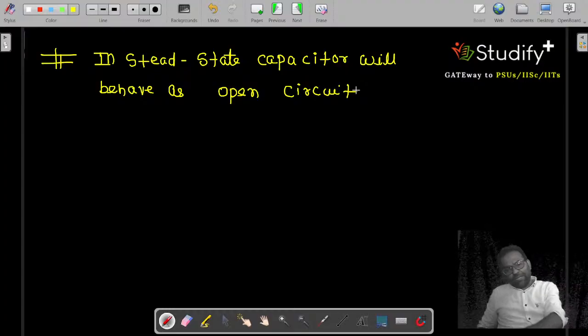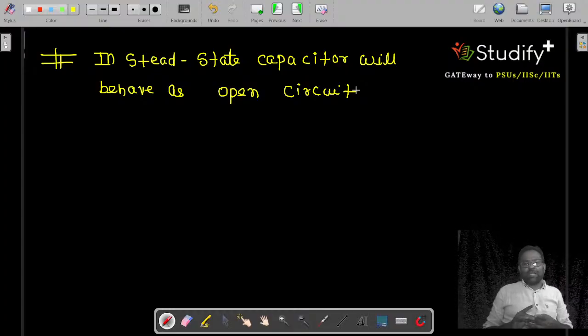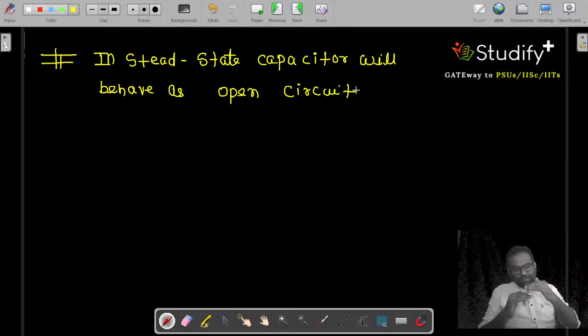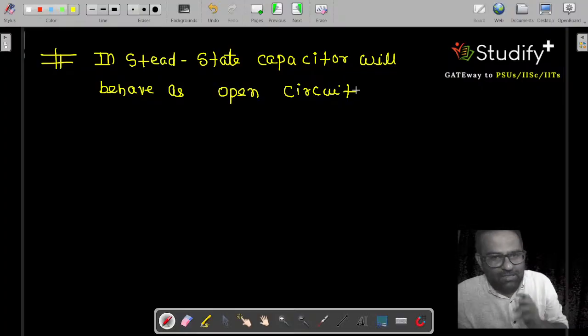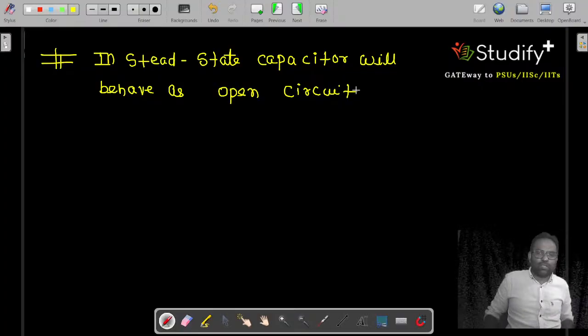So we will analyze our circuit for both the steady states, and we will use the concept of abrupt or not abrupt change of voltage and current when we go from one state to another state.